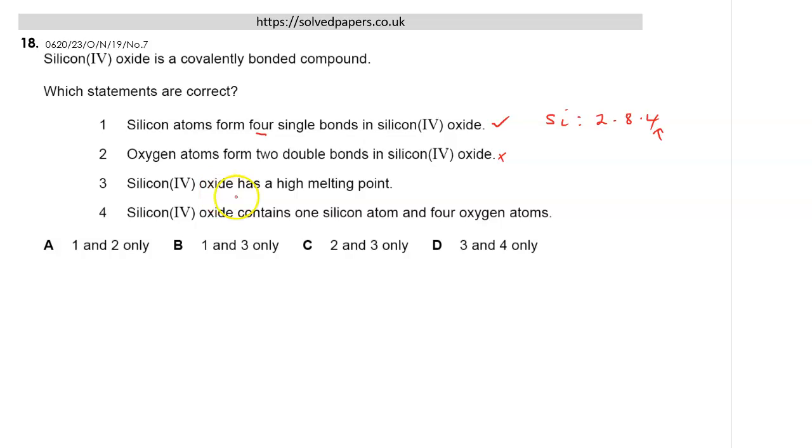Silicon(IV) oxide has a high melting point. Very good. That's true because of the extensive bonding, which is covalent. Silicon(IV) oxide contains 1 silicon atom and 4 oxygen atoms. That is not correct, because silicon dioxide is a giant molecular structure, meaning it has a countless number of silicon atoms and oxygen atoms, not just 1 and 4, right?